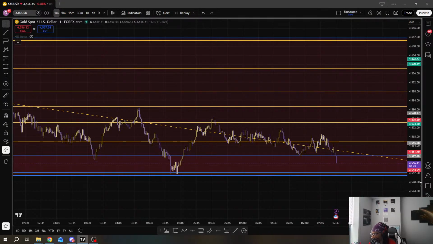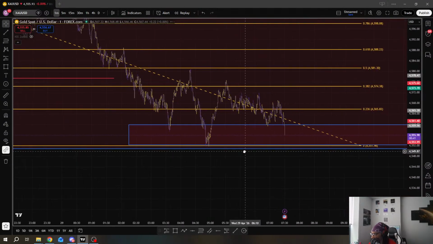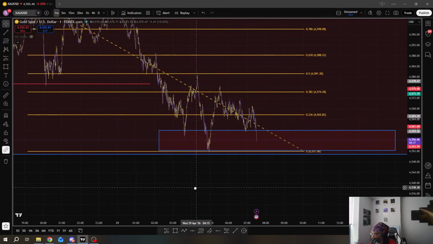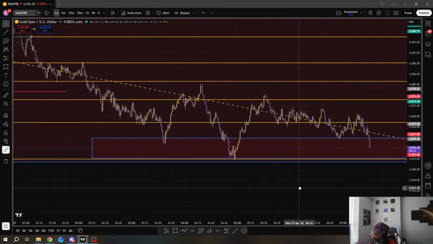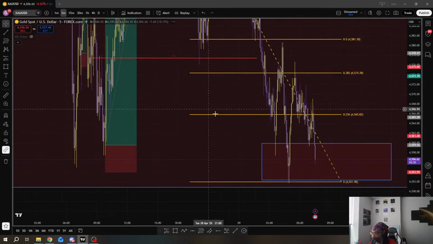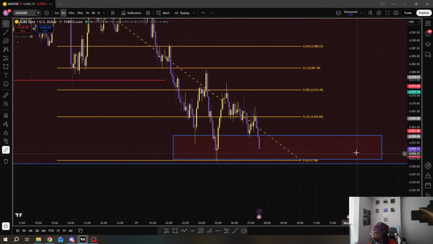Got to look for rejection signals. We need clean rejection signals, because once we get out of this area, we're out of this area.